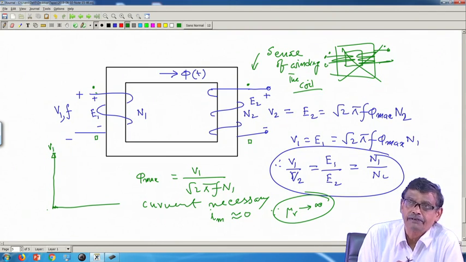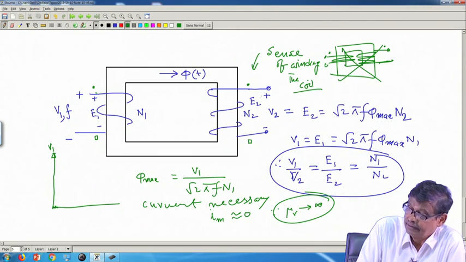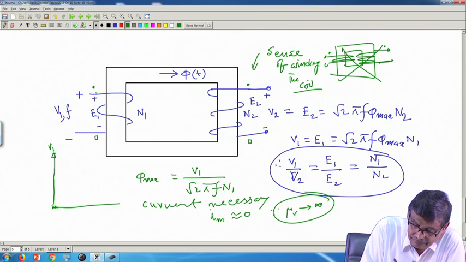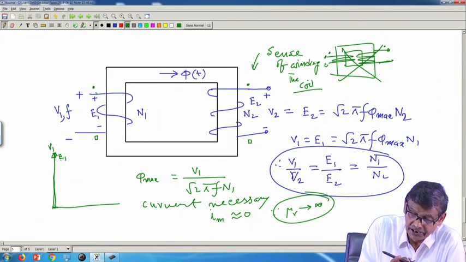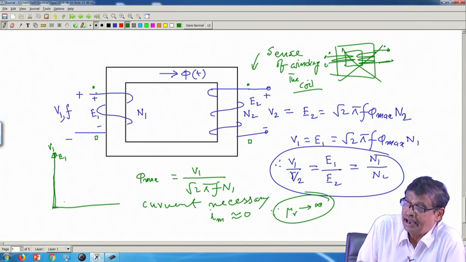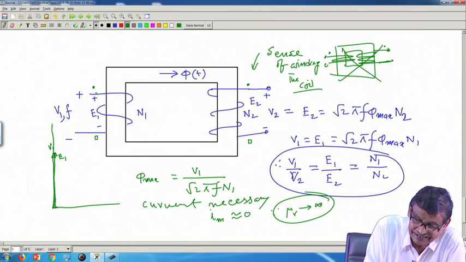So, this is V1. The primary current is this. Where is E1? E1 will also be like this, same as this one. And where will be E2? Same, because the same N d phi dt. So, E2 will also be like this.